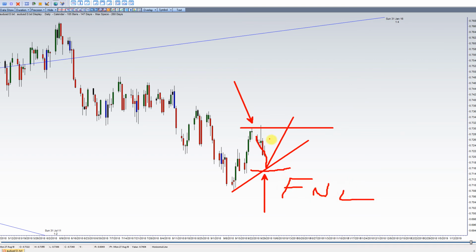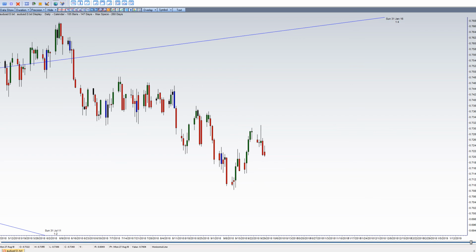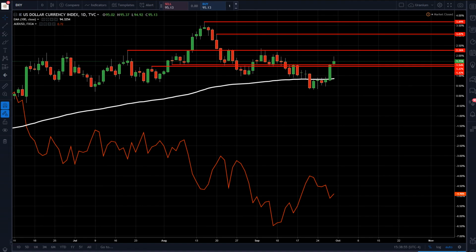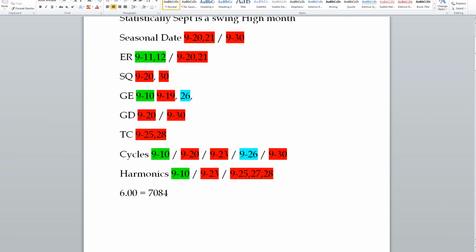What I like to see, and then I'd like to see some heavy buying into there, and also would like to see the dollar start getting some selling pressure. Then everything will line up, and then it'll confirm that this swing low is important.